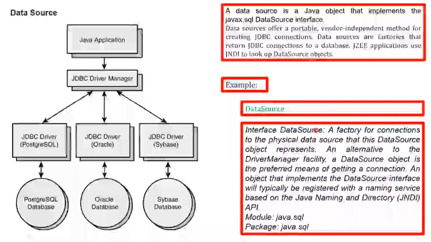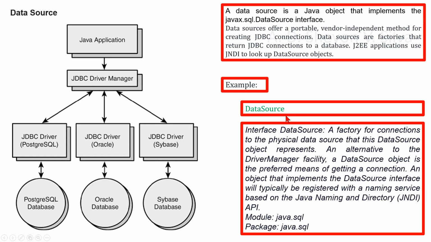As an example, we can consider the interface DataSource, a factory for connections to the physical data source that this DataSource object represents. An alternative to the DriverManager facility, the DataSource object is the preferred means of getting a connection. An object that implements the DataSource interface will typically be registered with a naming service based on the Java Naming and Directory (JNDI) API.